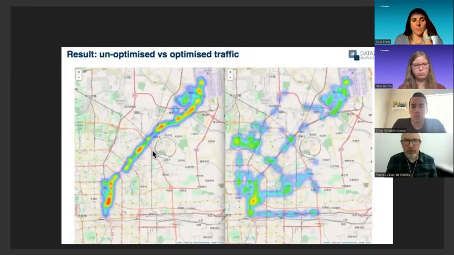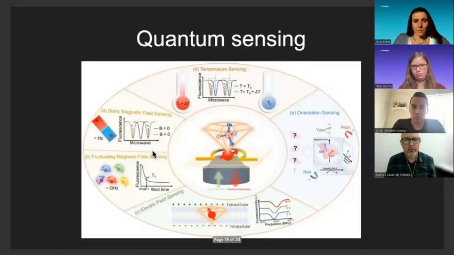Okay, so we just talked about the important things that you get in terms of quantum computing and these algorithms that the industry is interested in in general. But there is something else which is quite important for this development, which is quantum sensing. So quantum sensing is using quantum systems to detect things in general.